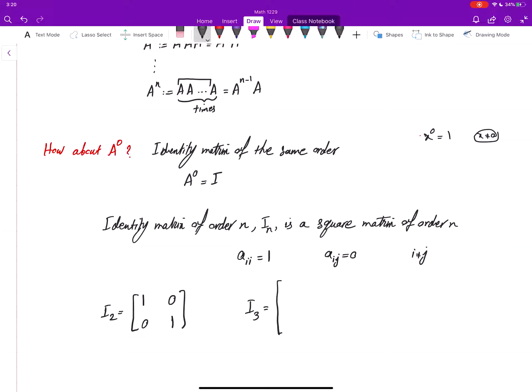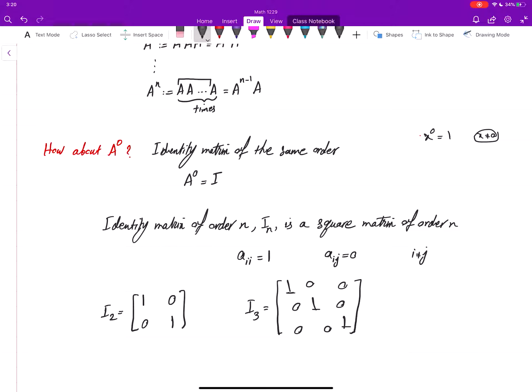The entries on the first row first column, second row second column, and third row third column are going to be 1. Everything else is 0. And I4 and so on.